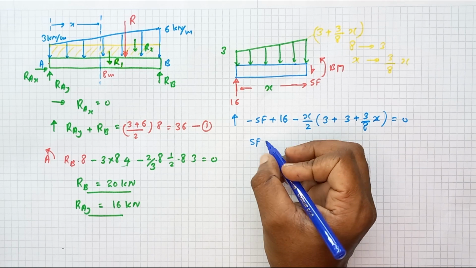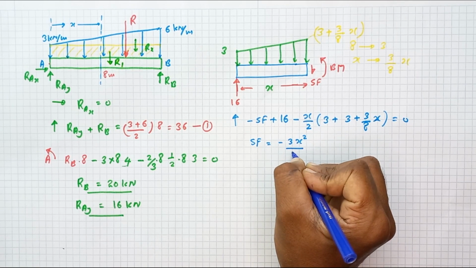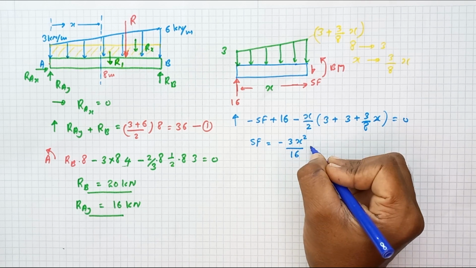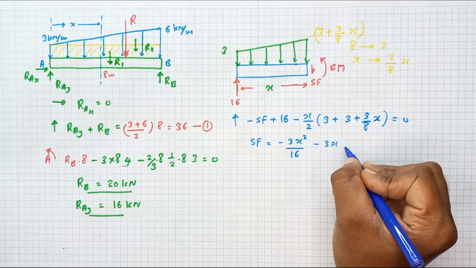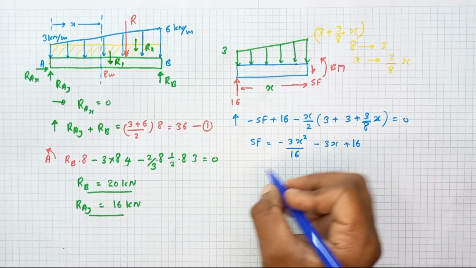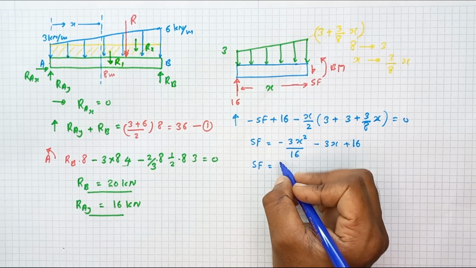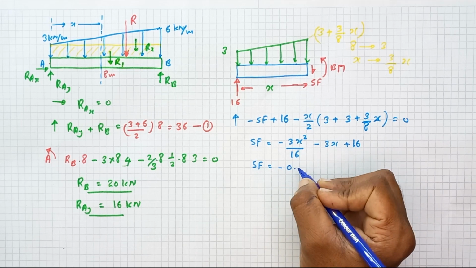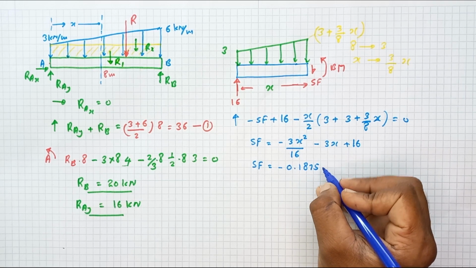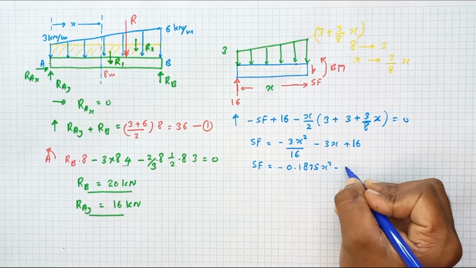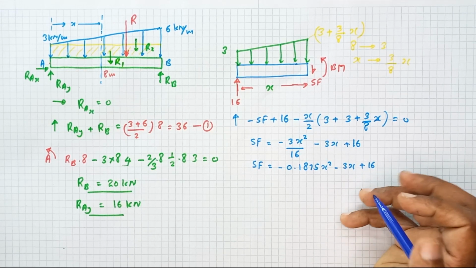By simplifying this equation, we can get the shear force equation. The shear force is equal to minus 3x square divided by 16 minus 3x plus 16. The shear force is equal to minus 0.1875 x square minus 3x plus 16.